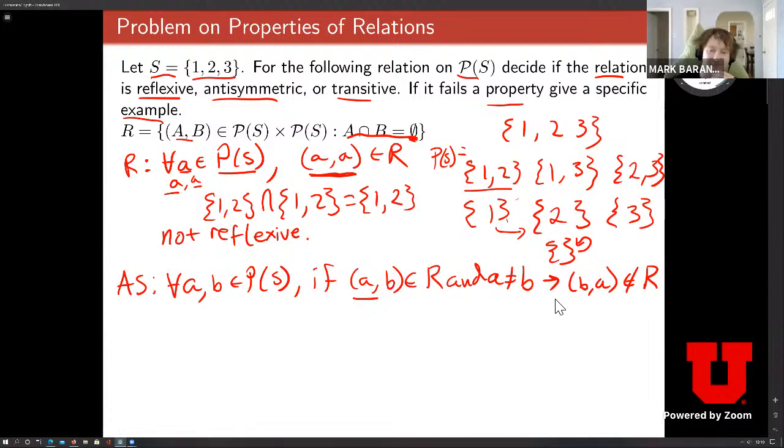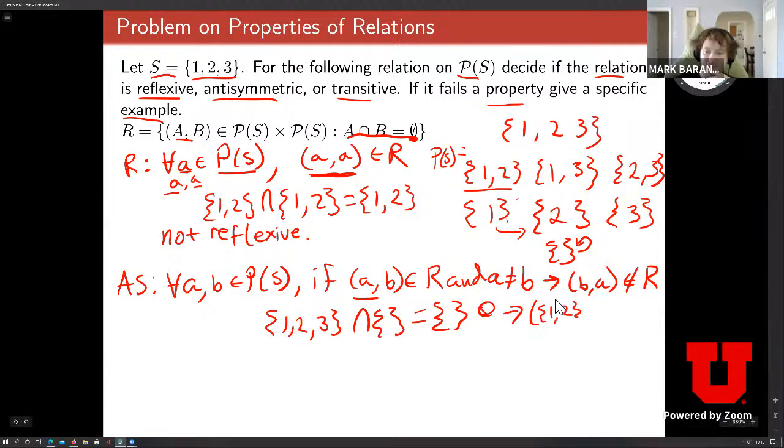So I'll just give it to you. Let's take {1, 2, 3} as A, and we intersect that with the empty set. That's equal to the empty set, right? And this is in the relation. So that means that the pair ({1, 2, 3}, empty set) is in the relation.